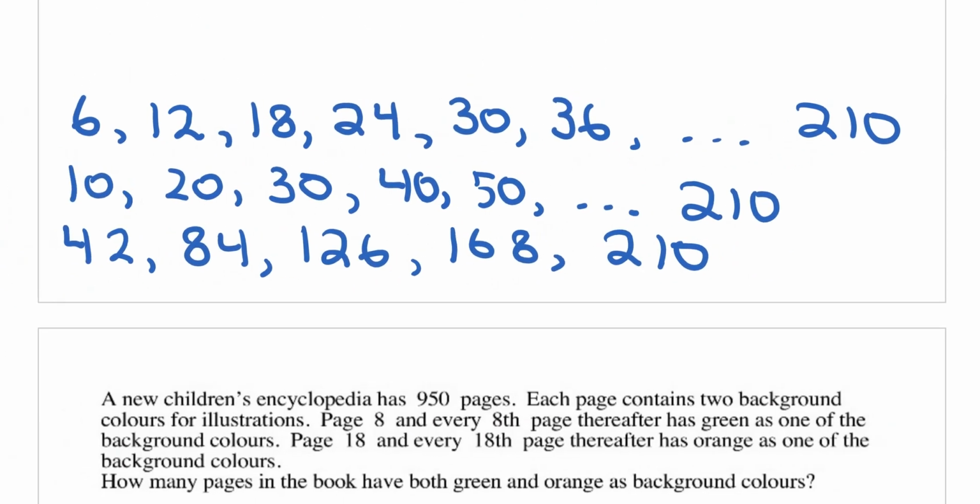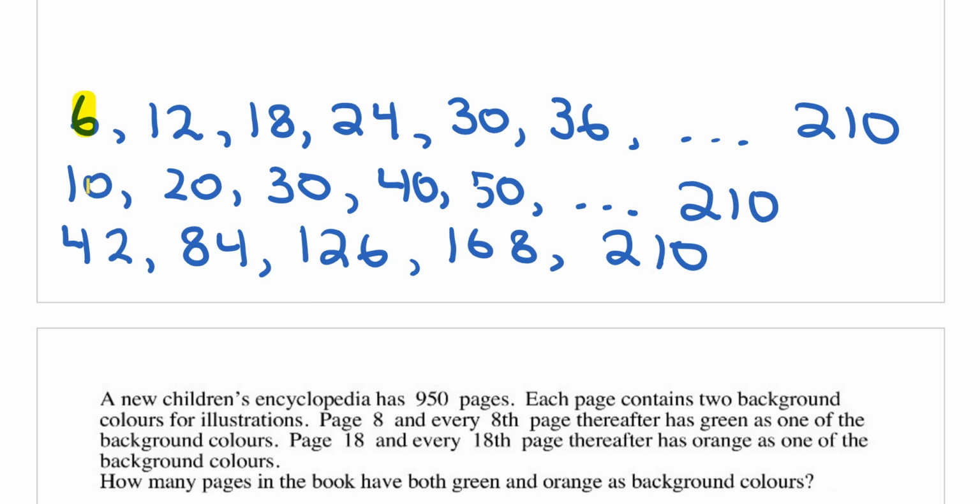Okay, and once again, if you went ahead and wrote out all the multiples of 6, 10, and 42, and examine the lists, the first common number that comes up in all three of those lists is 210. So definitely feel free to write out all the multiples, and we will get 210 at the very end there.